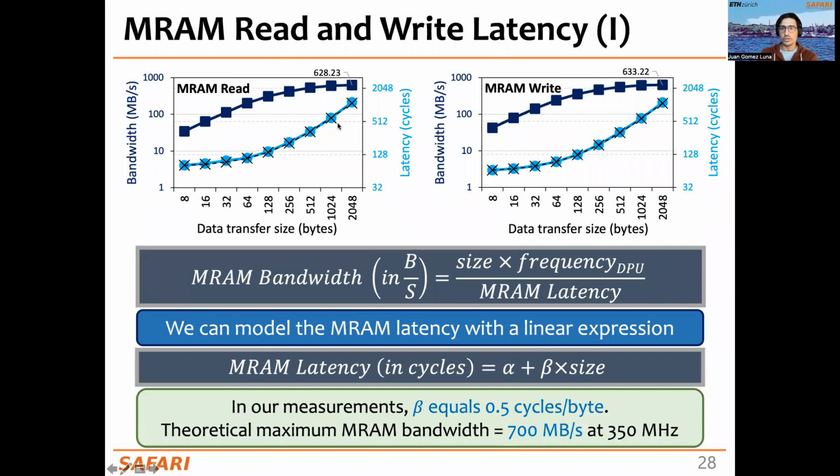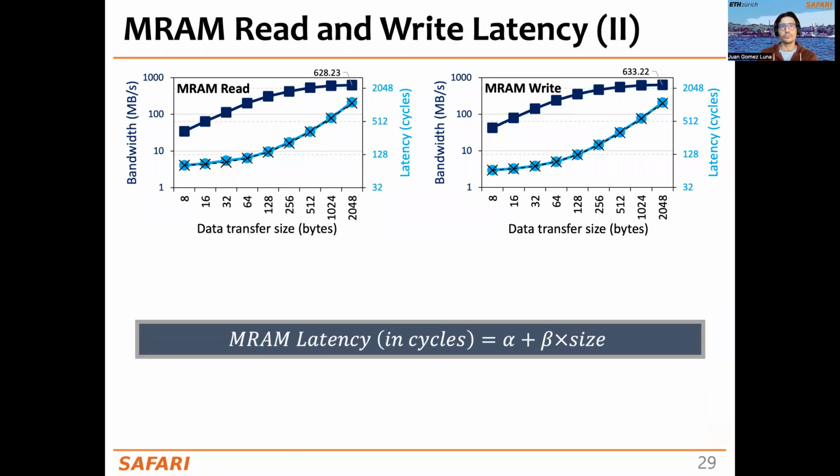From our measurements, we can already observe that this beta equals 0.5 cycles per byte. And that's basically the theoretical maximum bandwidth that we can have between the MRAM and the WRAM. And that translates to 700 megabytes per second for one DPU running at 350 megahertz.